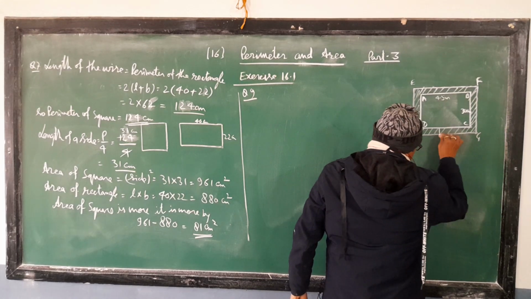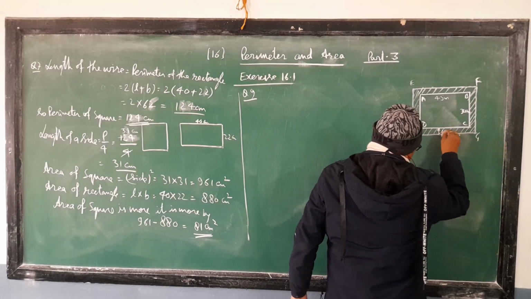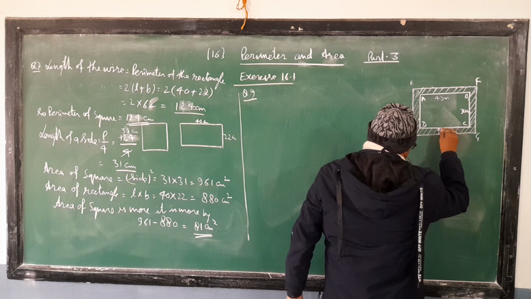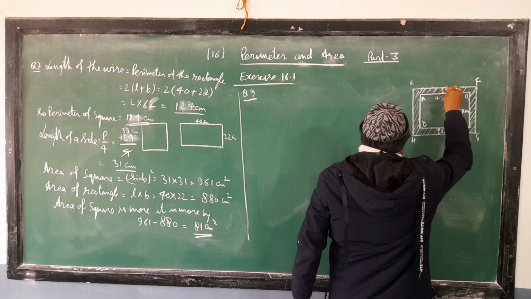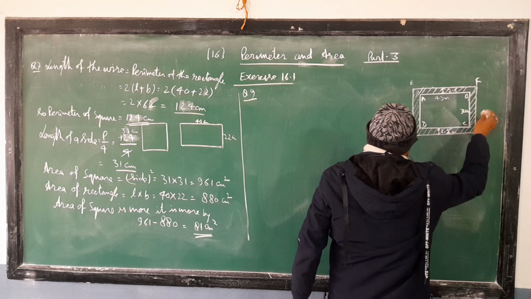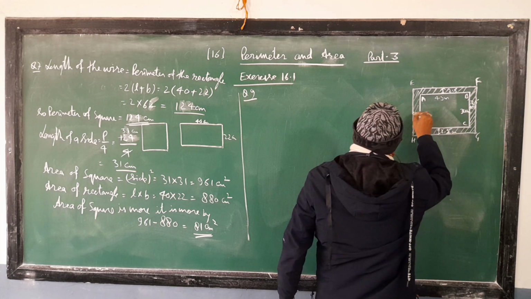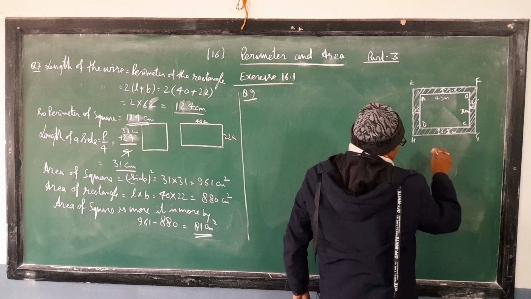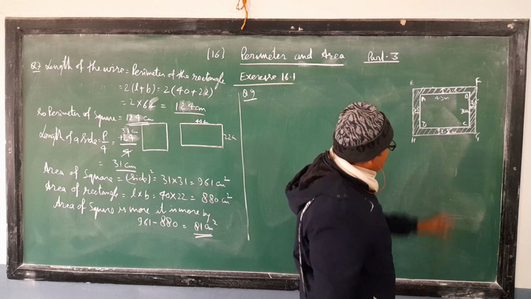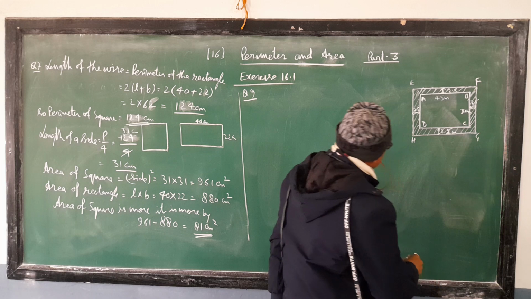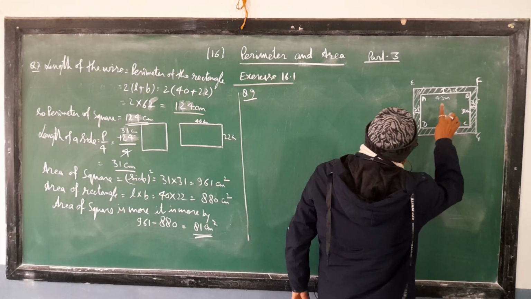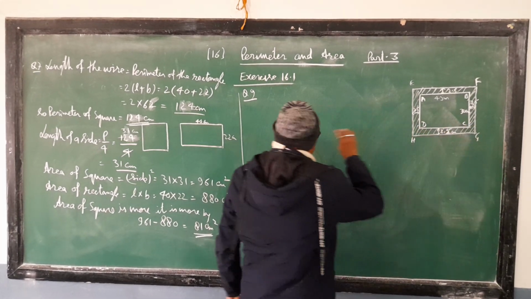These sides are all 2.5 meter, this and this, and this side also 2.5. So the new length will be 45 plus 2.5 and 2.5.